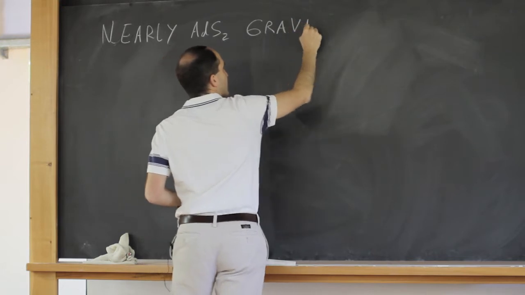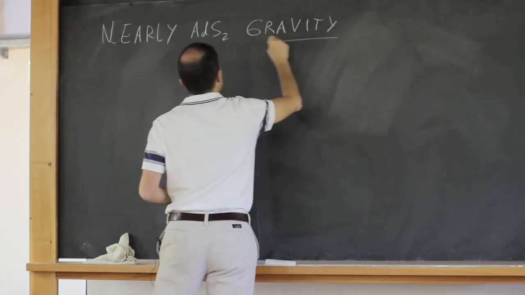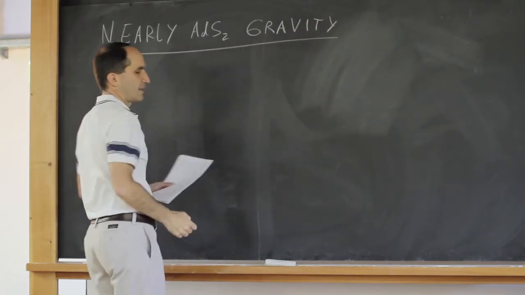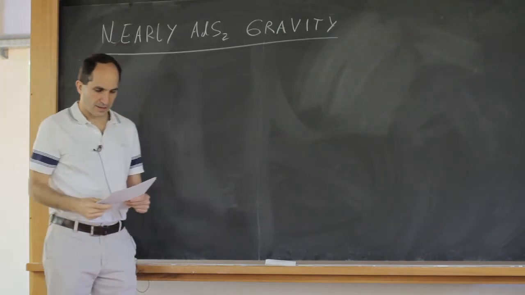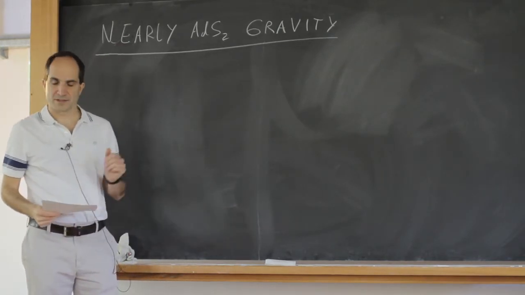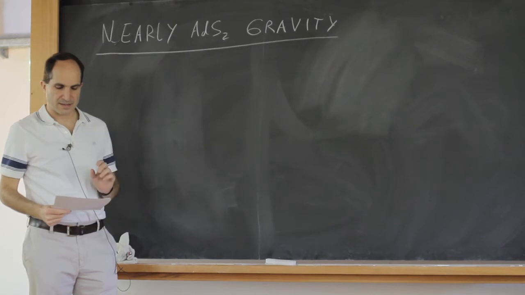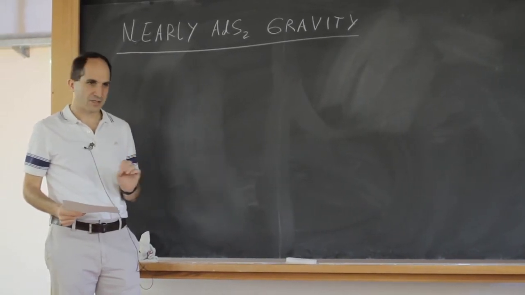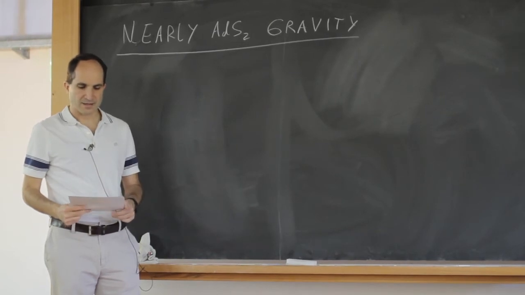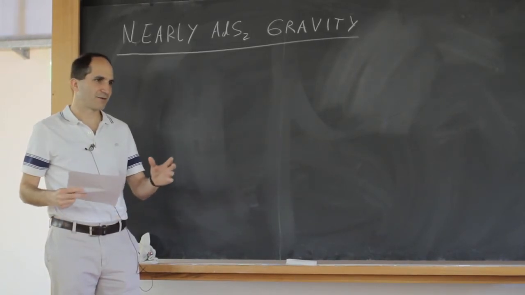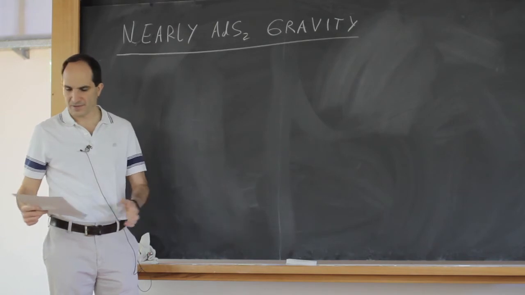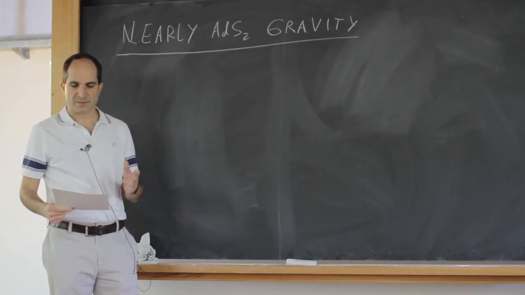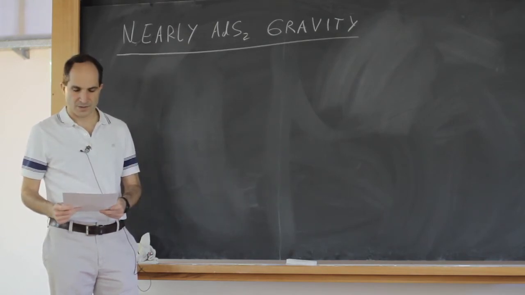This is a particular simple gravity theory which describes near extremal black holes. The objective is to describe this gravity theory, show you how simple it is, and then try to fit its relevance, why it's relevant for various physical problems, and perhaps say some words about the connection to the SYK model.